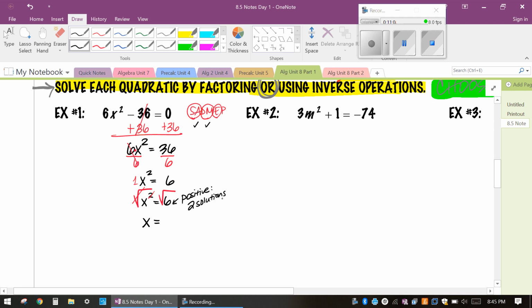Now, when you square root 6, you'll see that you get a decimal. Take a minute and take the square root of 6 on your calculator. Write the first 3 numbers after the decimal.